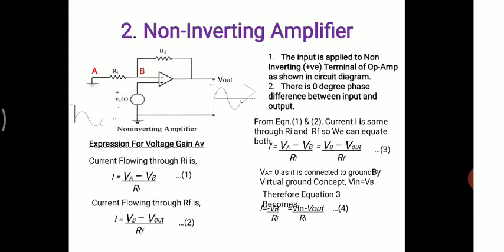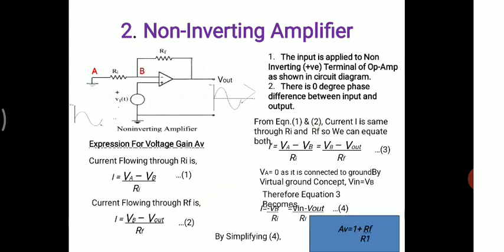If we consider this as equation number 4, we can simplify it to define the voltage gain. The voltage gain is defined as the ratio of the output voltage to the input voltage. Equation 4 can be simplified in terms of output voltage divided by input voltage, which is the voltage gain AV.